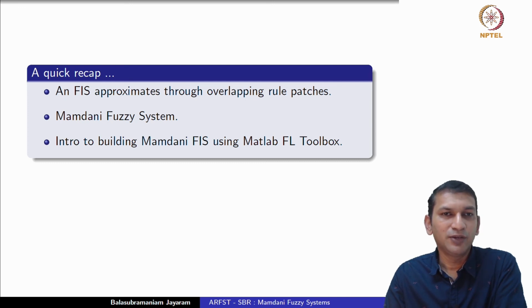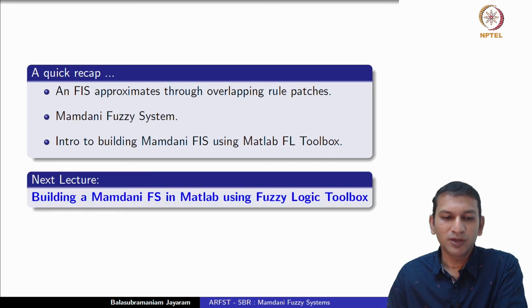Looking at it, it was clear what are the components of the fuzzy inference system that we need to be ready with, so that we can build a fuzzy inference system, a Mamdani one at that. And we have seen it means to be able to have a clear idea of the function that we are trying to approximate and intelligently sample the fuzzy sets which will form the covering over x and y, and also to relate the fuzzy sets on x to fuzzy sets on y as rules, so that we can cover the function that we have in our mind through overlapping rule patches.